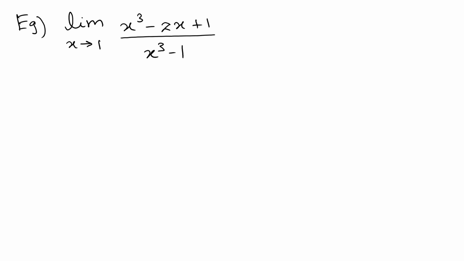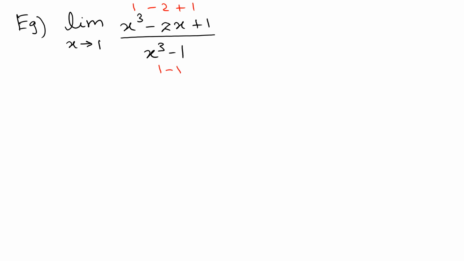As the first example, we have the limit as x goes to 1 of x cubed minus 2x plus 1 divided by x cubed minus 1. When x goes to 1, the top is 1 minus 2 plus 1, which is 0, and the bottom, when you plug in 1, is 0 again.